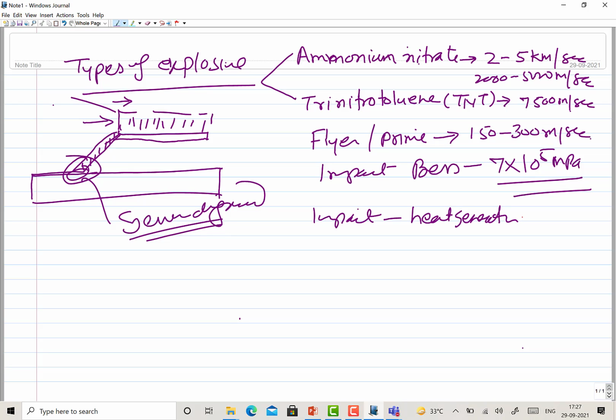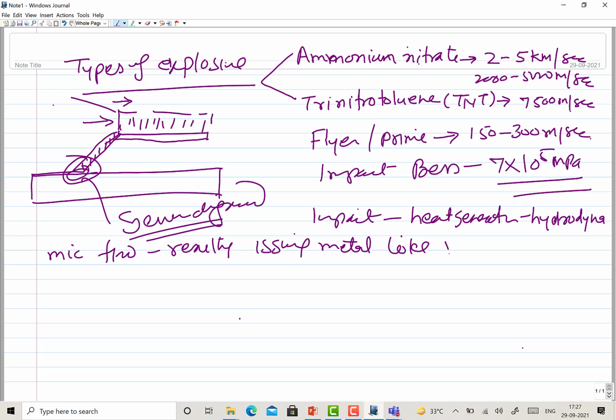Heat generation in turn will cause hydrodynamic flow of the metal, and since the impact is happening at a very high speed and the softening and flow of the metal is occurring, the interface metal is issued like a jet.